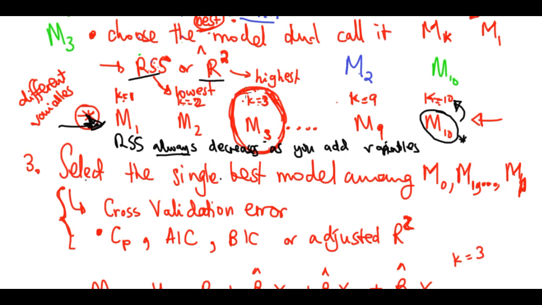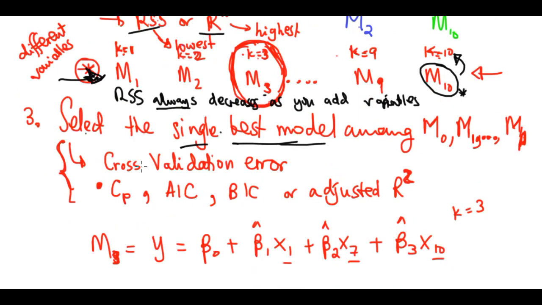R squared always increases as you add variables, so it's always going to choose Mp, the last model, because that has the highest R squared. So we cannot use it to choose the single best model or the best of the best. We have to use these other methods here. That is the other reason why we cannot use RSS at step number 3.